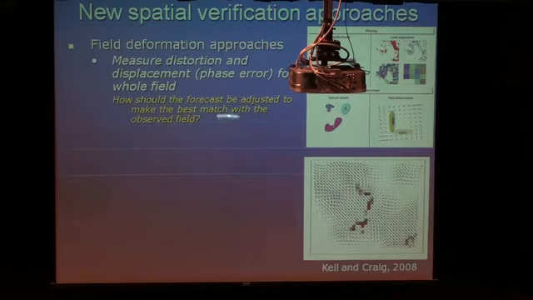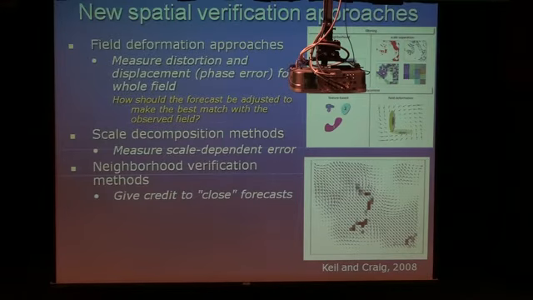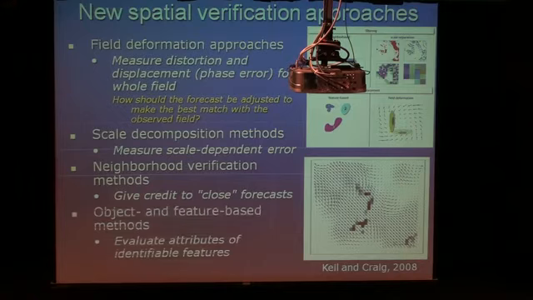How should the forecast be adjusted to make the best use of it? You can decompose it by the different scales that we just heard about in the previous talk. You can do neighborhood verification, so that the model forecast could be good, it was just in the neighborhood but not in the right location. And then there are object-based and feature-based techniques.